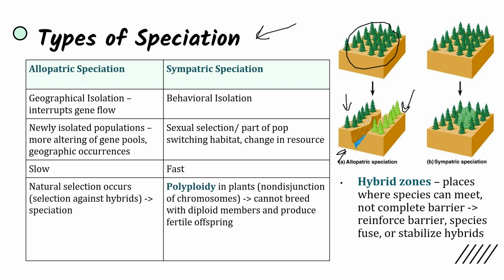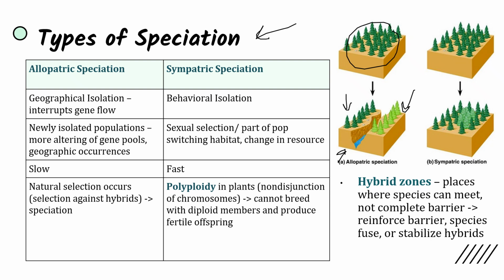Now, sympatric speciation, on the other hand, is behavioral isolation, and this is reproduction that doesn't happen because of behaviors resulting in new species, such as sexual selection, and that is when some organisms are better suited to find a mate.